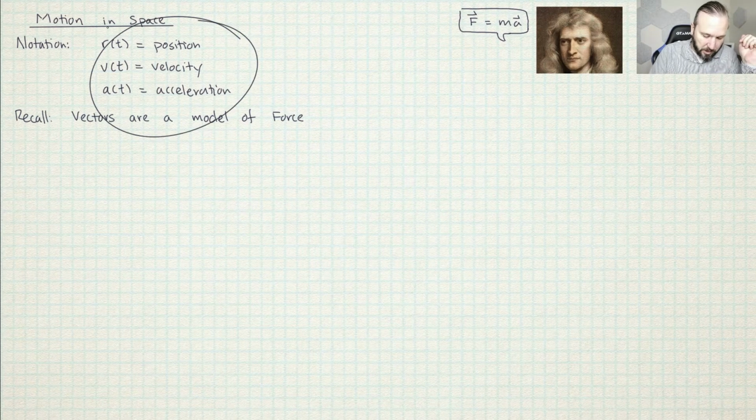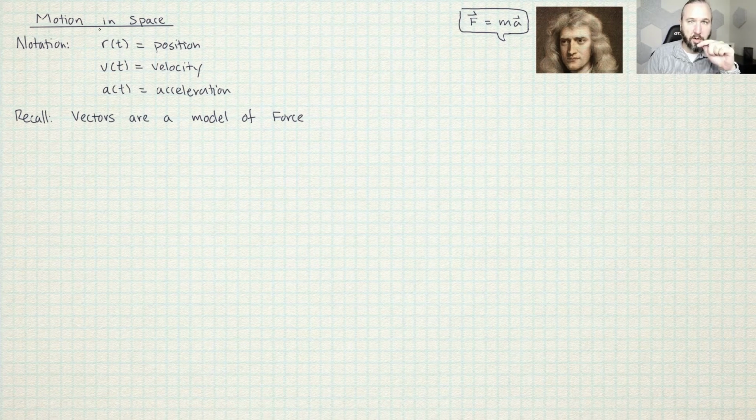Here's the new notation that we're going to use to describe the position of a particle in space. So r of t is going to be the position at time t, v of t is going to be the velocity, and a of t is going to be the acceleration. They all depend on time. And you learned in Calc 1 that the derivative of position is velocity. So dr/dt should be v of t.